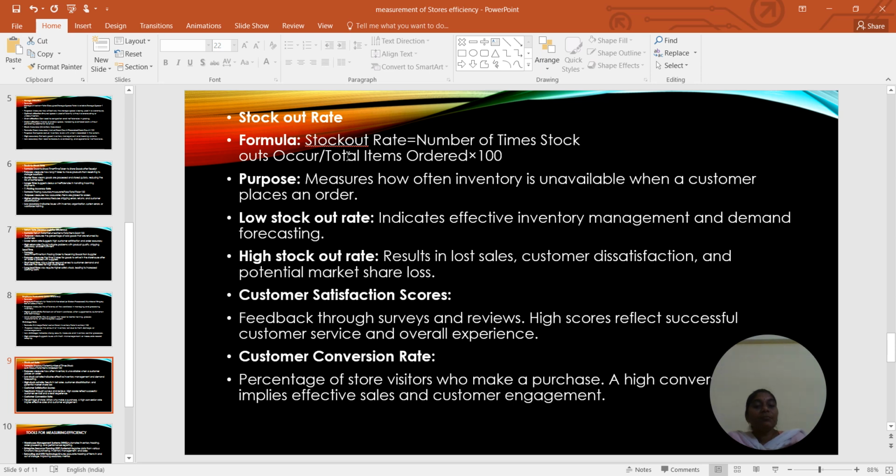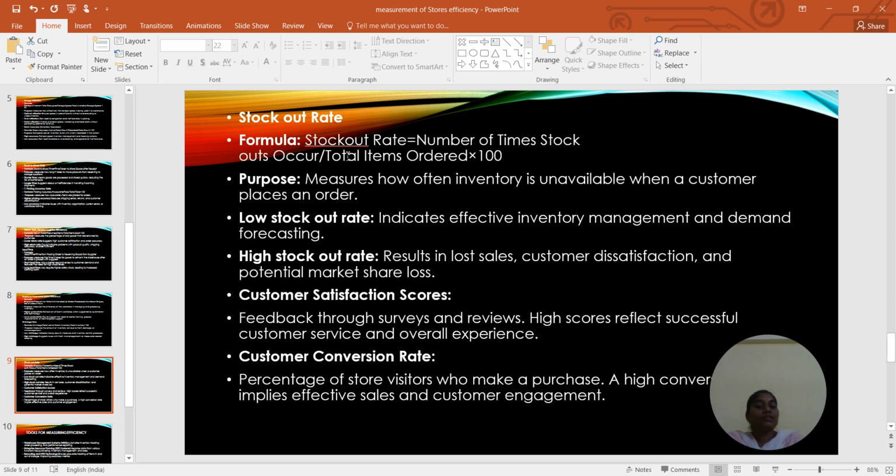At that time, the customers are satisfied with that particular product or service. Higher scores always reflect successful customer service and overall experience, and lower ratings lead to dissatisfaction of the customers, showing a bad experience of that particular product or service.